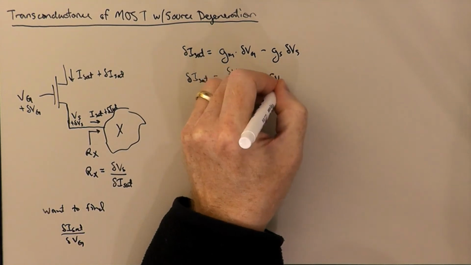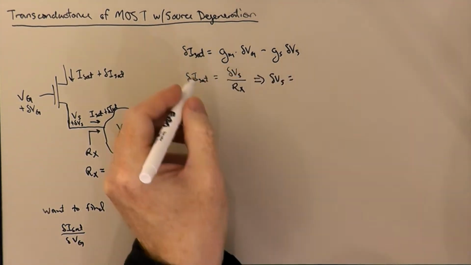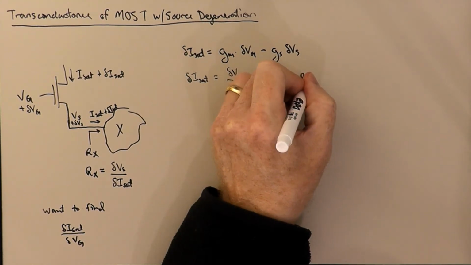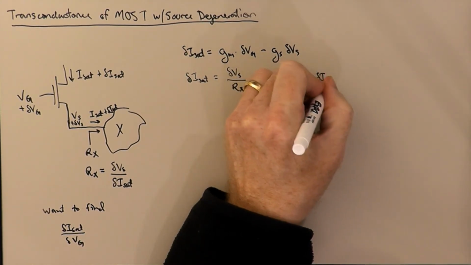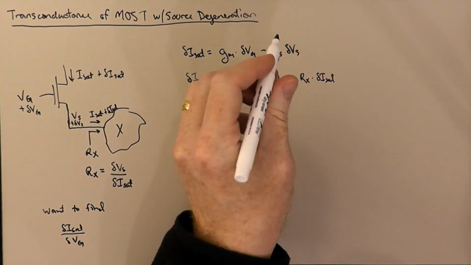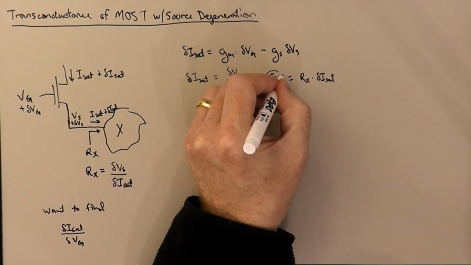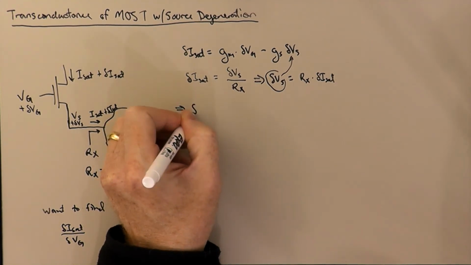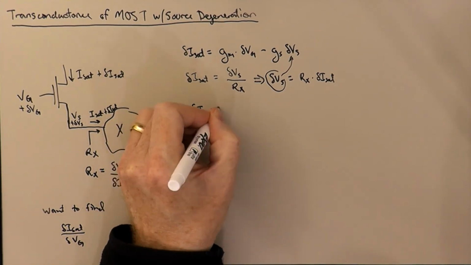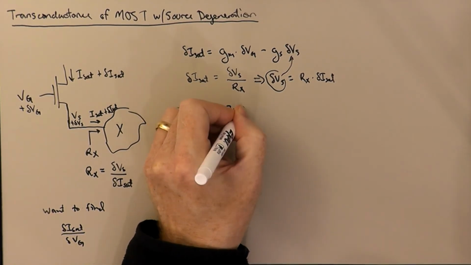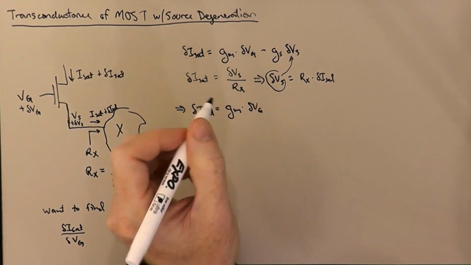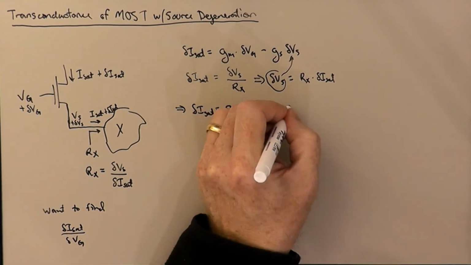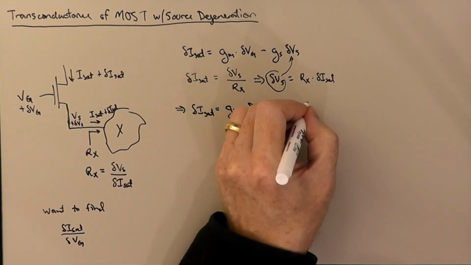So delta Vs is equal to delta I sat times Rx, and we can substitute that in here, and that implies that our delta I sat is equal to little gm times delta Vg minus little gs times Rx times delta I sat.